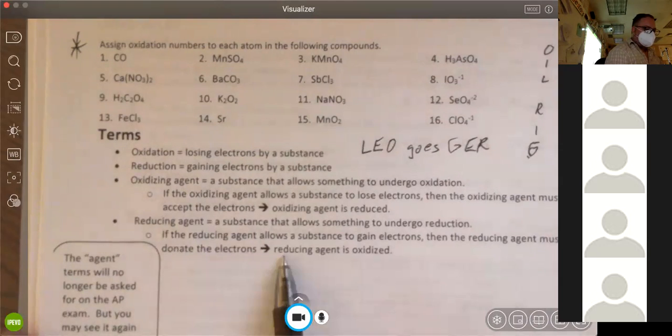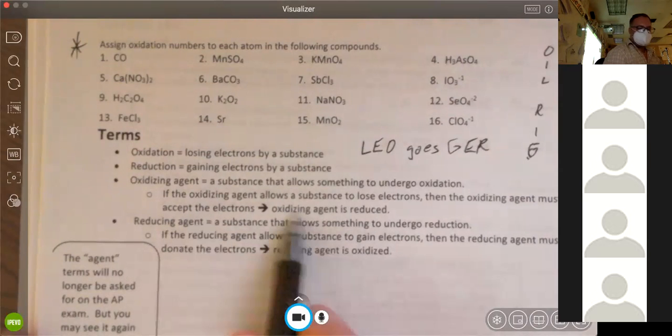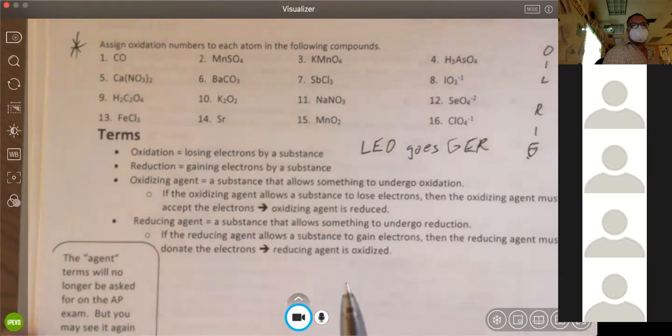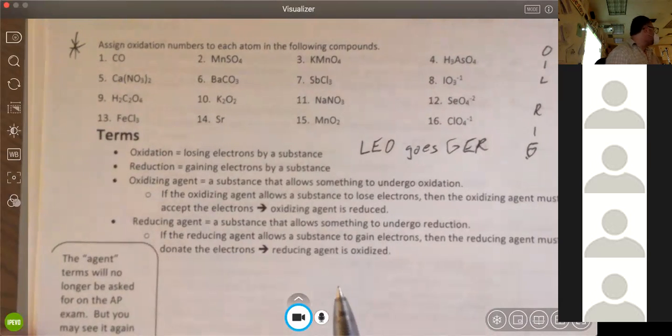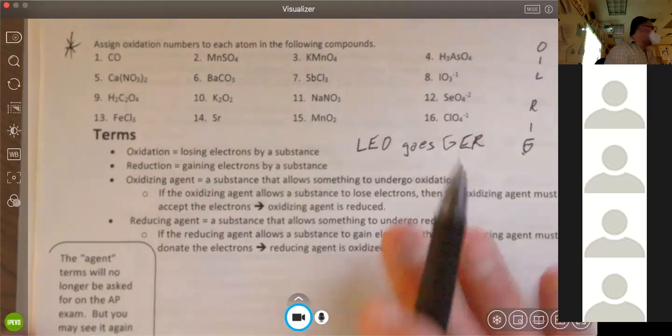An element in the reducing agent is actually oxidized, and an element in the oxidizing agent is actually reduced. But this makes sense if we think about what happens to soapy dishwater by the end of the dishwashing cycle. It becomes what? Dirty, but it did what? It did the cleaning, right? If you use these little things, maybe they'll help you.